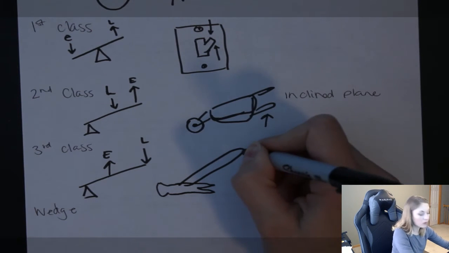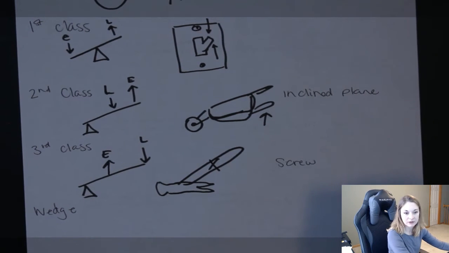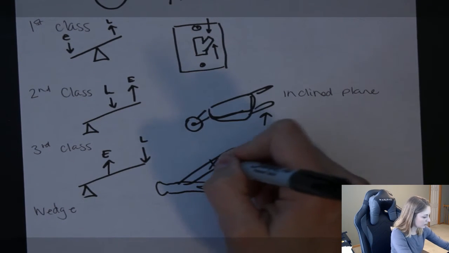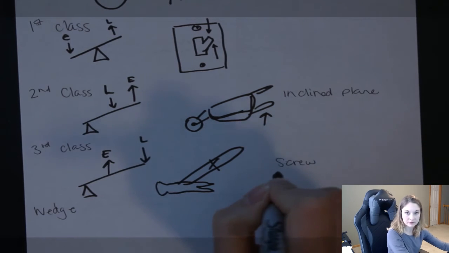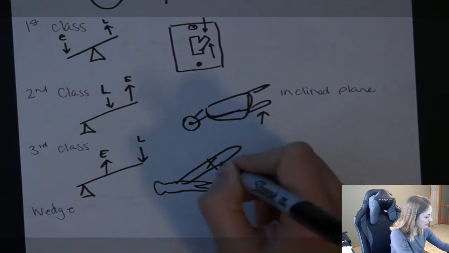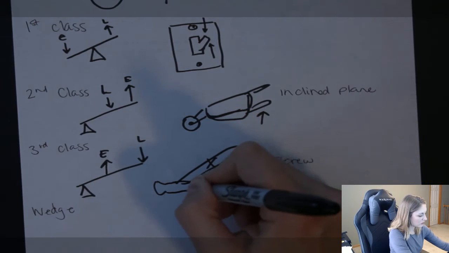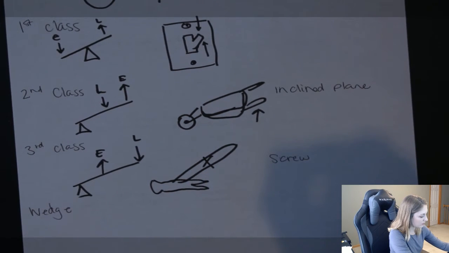And I don't want to hold my hammer at the very end here. I want to grab somewhere in the center, or not center, but a little ways back. If you grab at the very end, it's just not going to be an effective piece. But the idea here is that you have your load at the end and your pivot point.